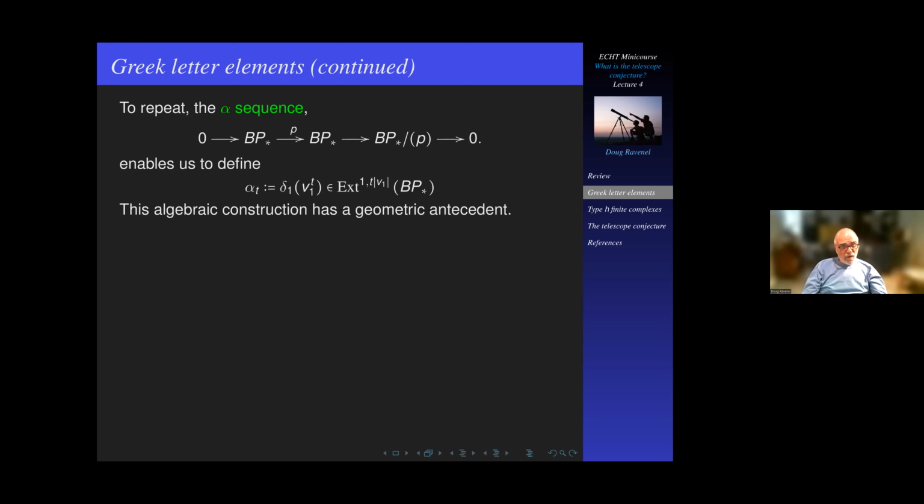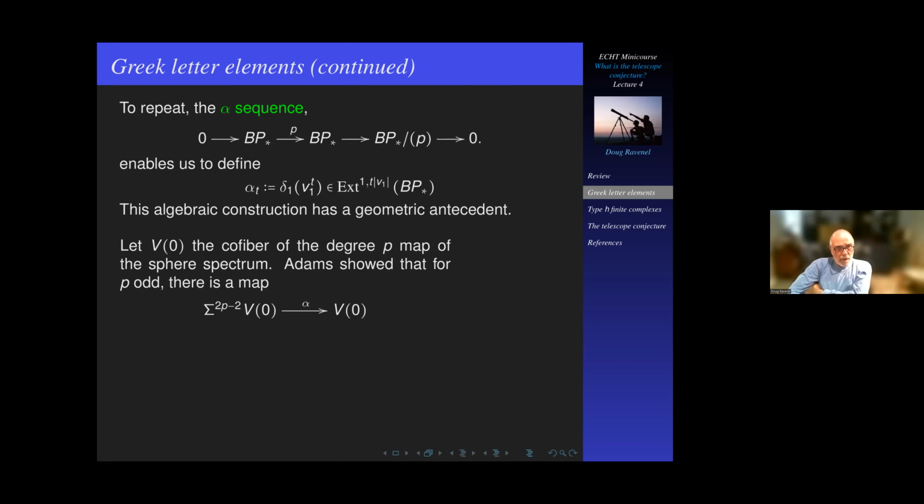Now, this algebraic construction has a geometric underpinning, a geometric antecedent. Let's denote by V of 0 the cofiber of the degree P map of the sphere spectrum. So V of 0 is the mod P Moore spectrum.